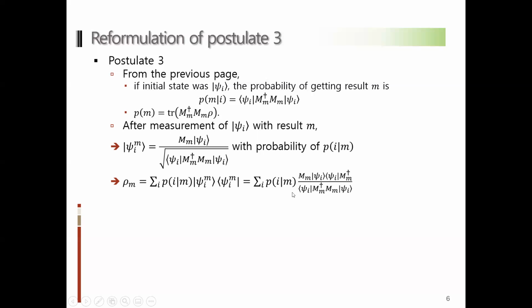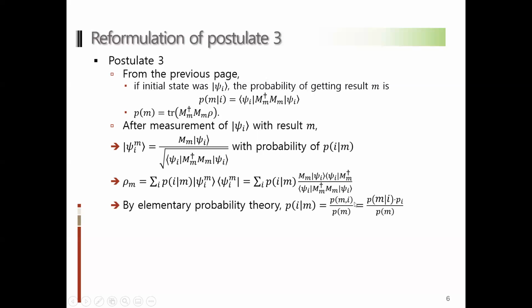Now what we can do is try to calculate this probability. According to elementary probability theory, or what is called the Bayes theorem, this conditional probability can be obtained by calculating the probability to have both m and I, divided by the probability of m.